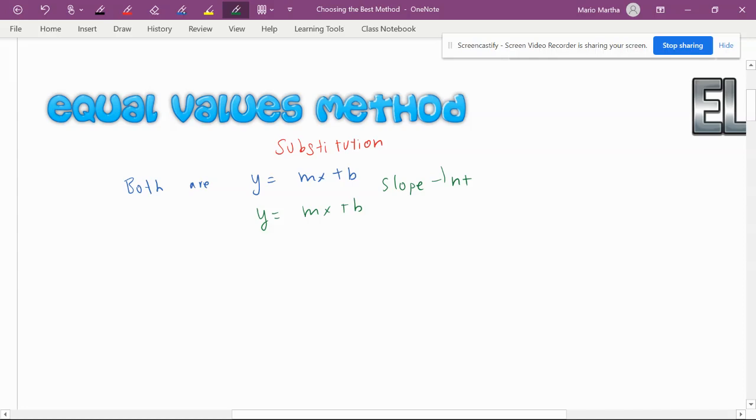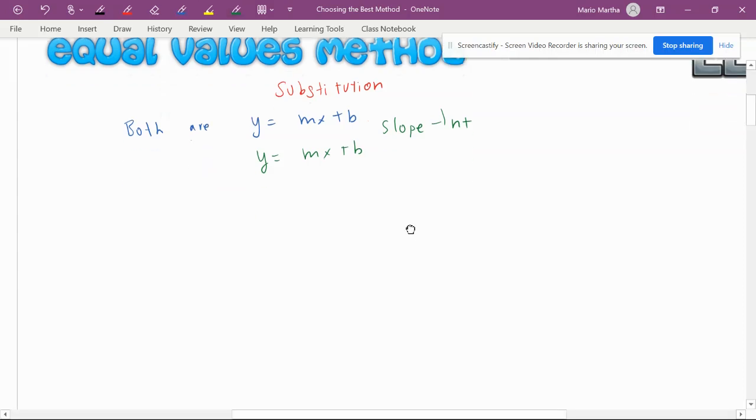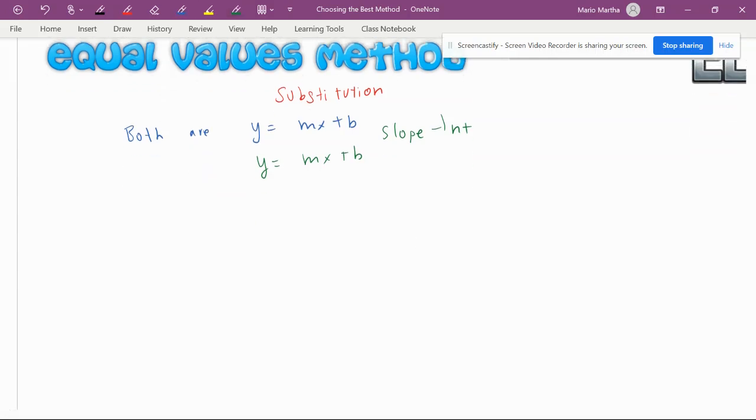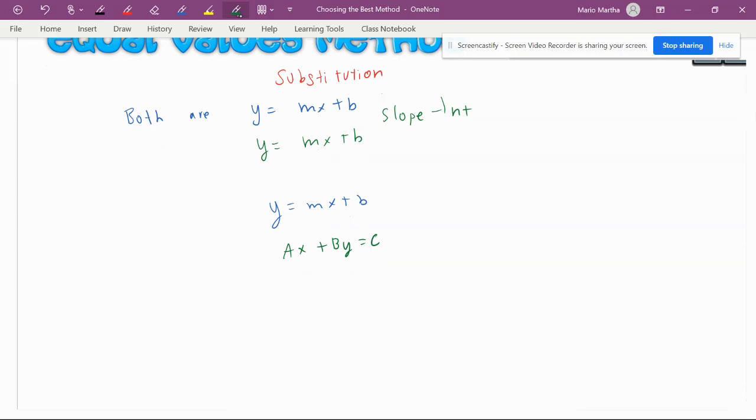Or the other case might be that one of them is already in slope intercept form, like y equals mx plus b, and your other equation might be in standard form, like ax plus by equals c, or a variation of that. It could even be like by and ax plus c, something like that.